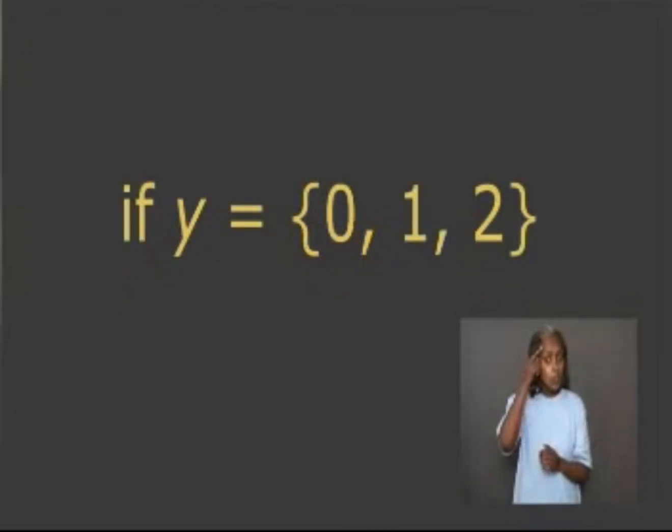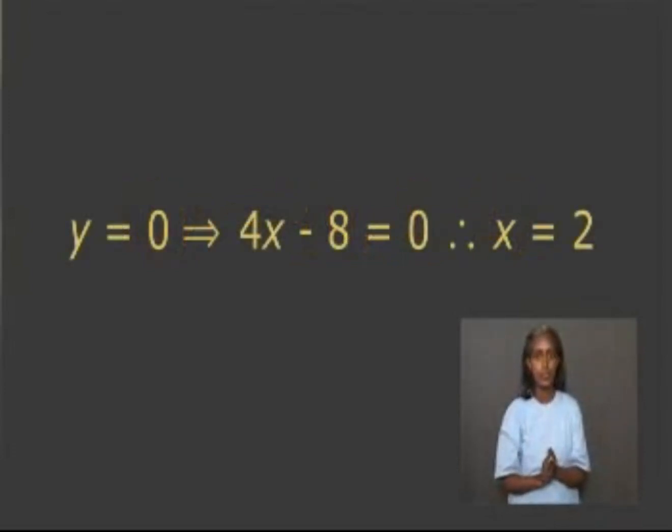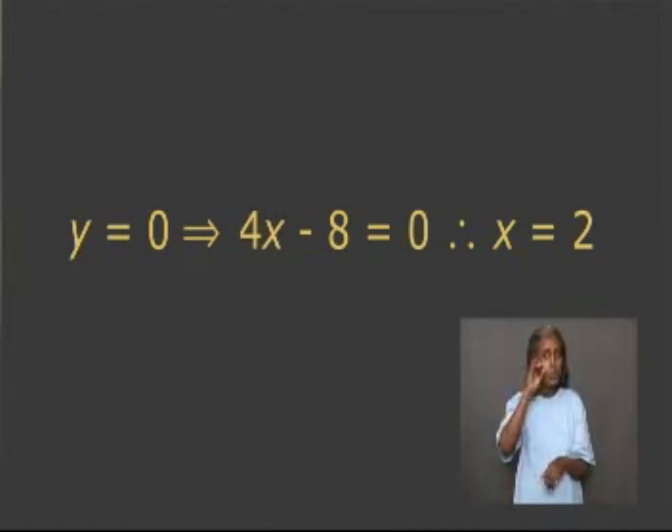Suppose that y assumes the values of 0, 1, and 2. When y equals 0, the equation becomes 4x minus 8 equals 0, and its solution is x equals 2.